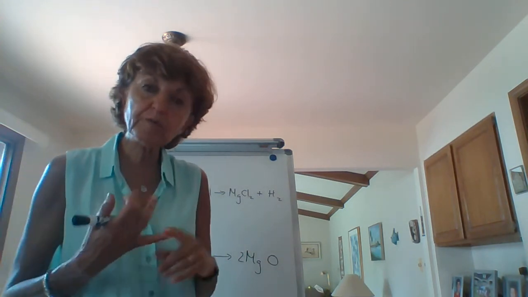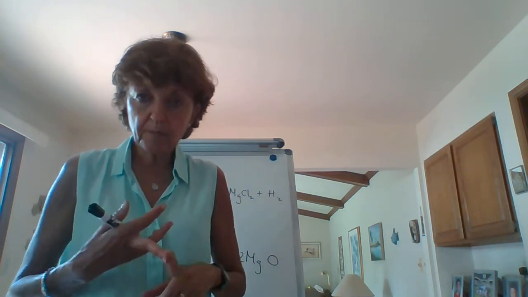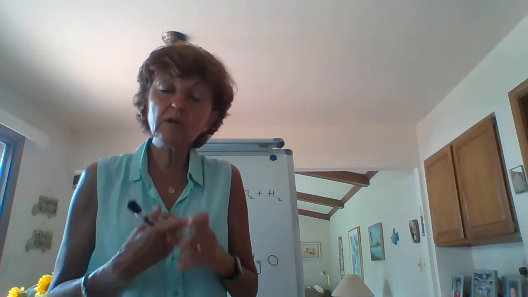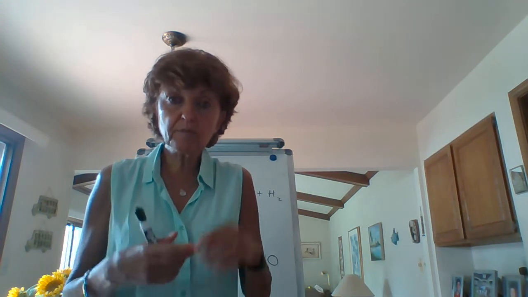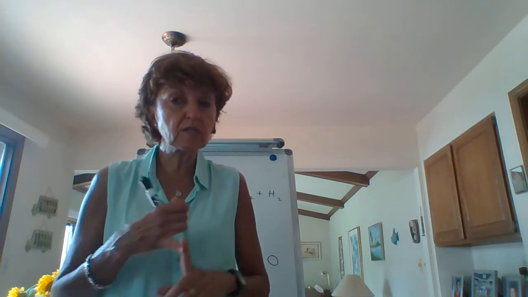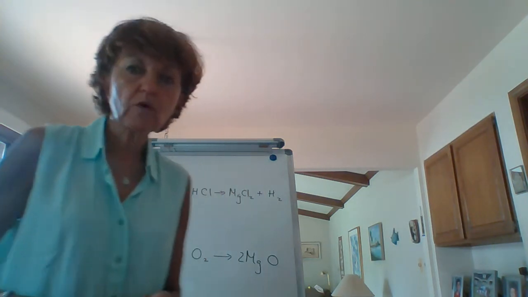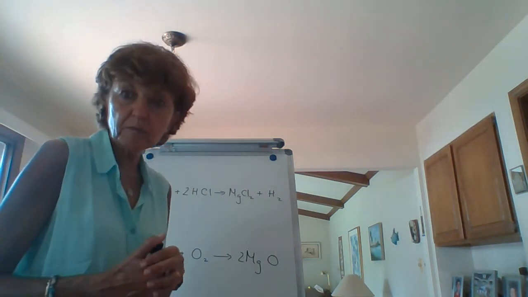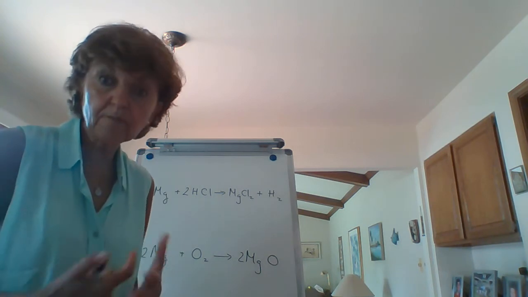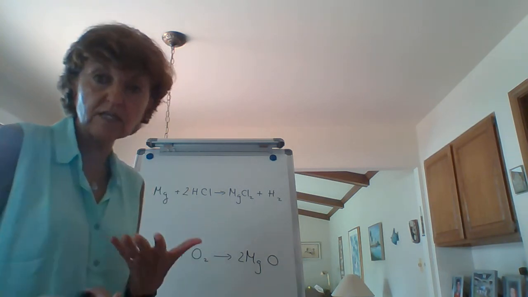Remember, we said single replacement, combination, decomposition, and combustion can all possibly be redox reactions, but the double replacement exchange ones, no. So this one could possibly be redox, but we have to see if it is, so we have to assign oxidation numbers.